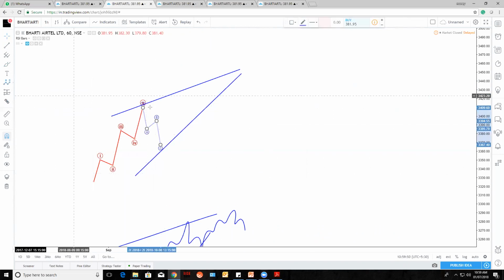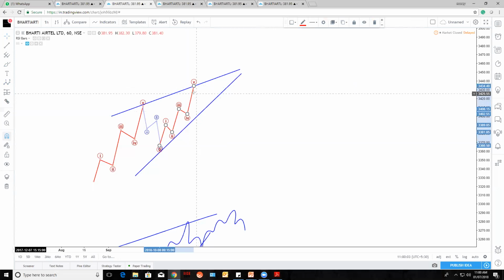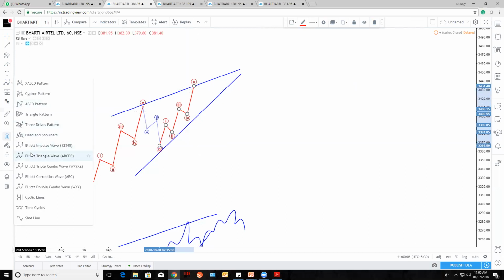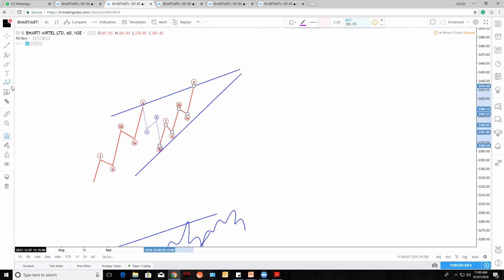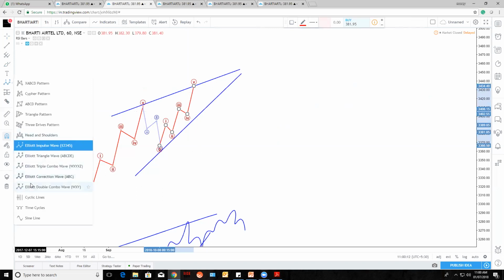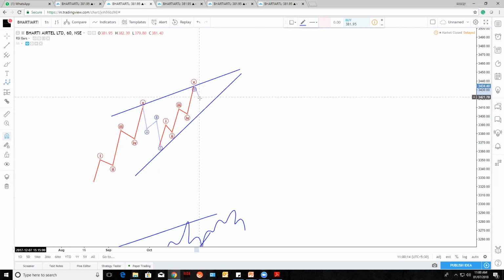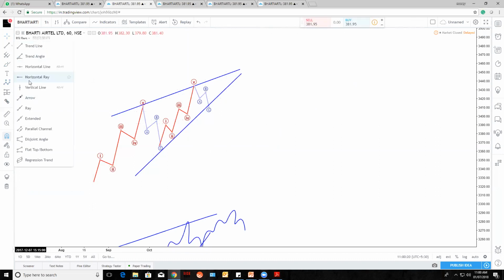Okay, now the second is, let's say this is the third wave. Let's say 1, 2, 3, 4 and 5, and this is a correction. See, what is the rule for the impulse wave?